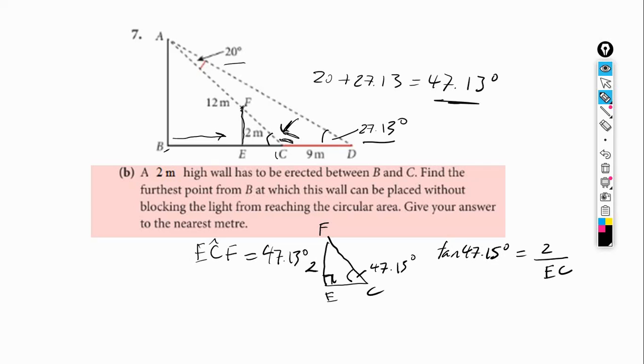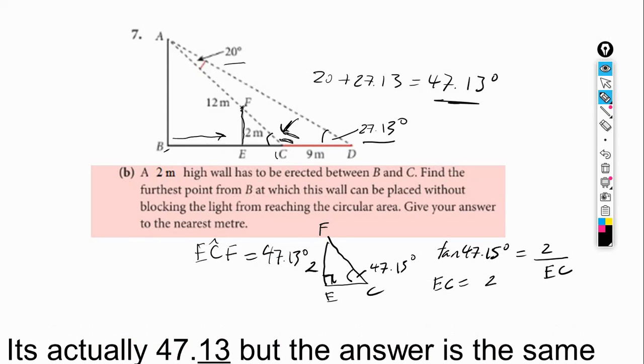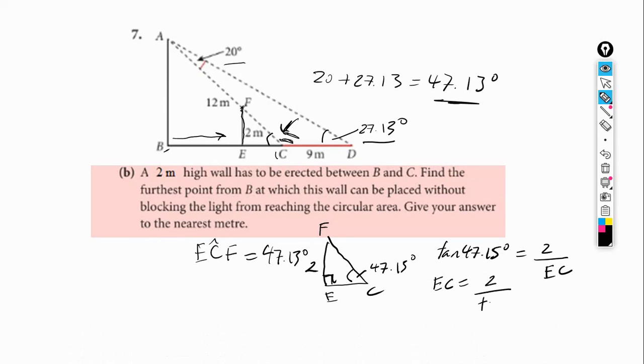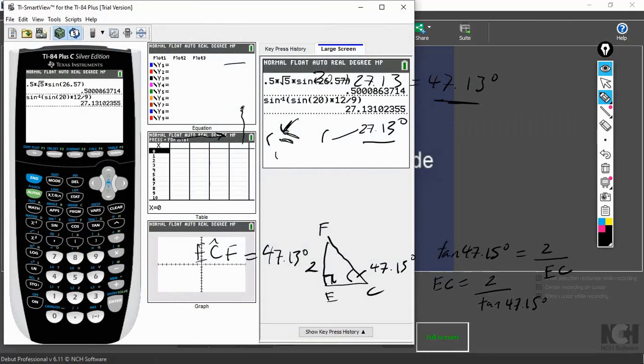So that means that length EC is equal to 2 divided by tangent of 47.15 degrees. So we're going to plug this into the calculator and see what that would give us. So let's bring up the calculator.